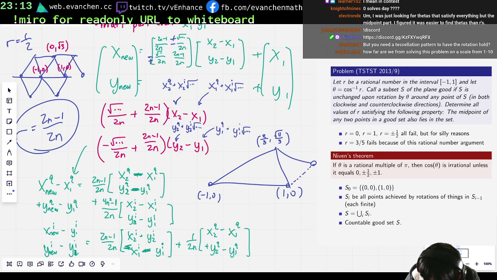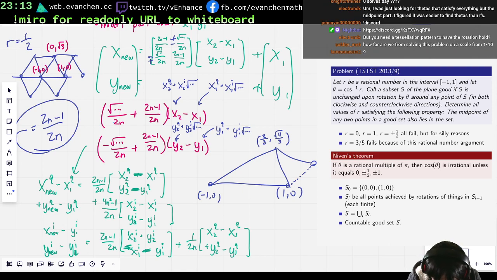Be careful, be careful. So the real... Oh no, this part is fine. And this irrational part, this is minus. Minus plus. That was too good to be true.